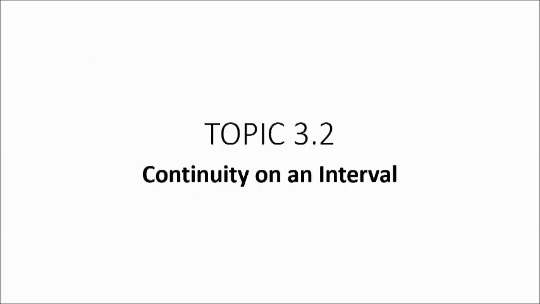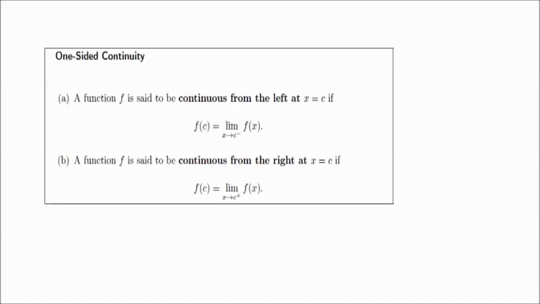Okay? So next topic, continuity on an interval. Ito naman class, from the word interval, meron siyang coverage. Hindi lang isang point yung chine-check natin. Okay, so meron tayong one-sided continuity class. So continuous from the left or yung mas mababa sa C. Just think of it as dun sa left side ni C para mas madali.